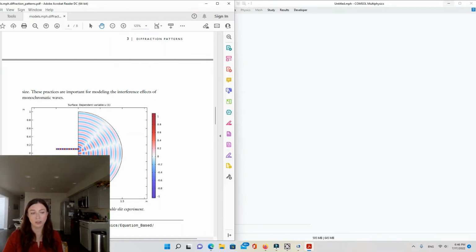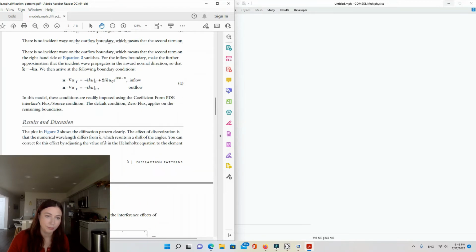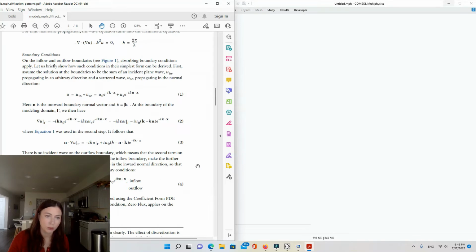So we're going to create a diffraction pattern in the simulated double-slit experiment, where you can see the inflow, incident plane waves.